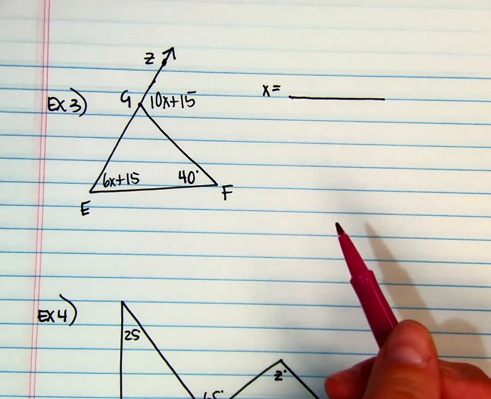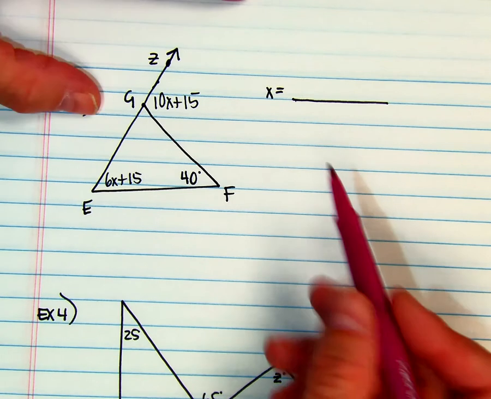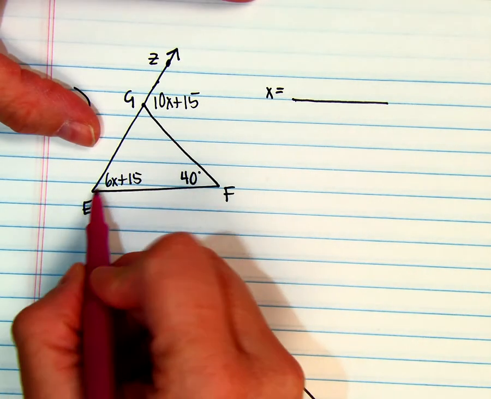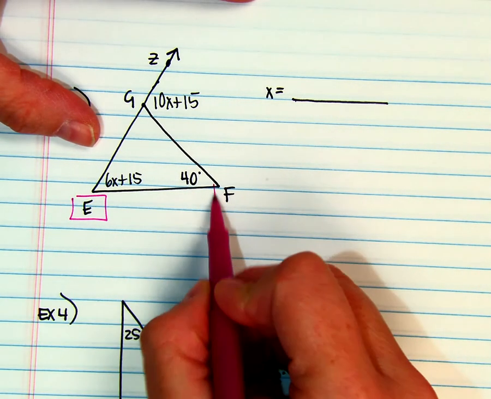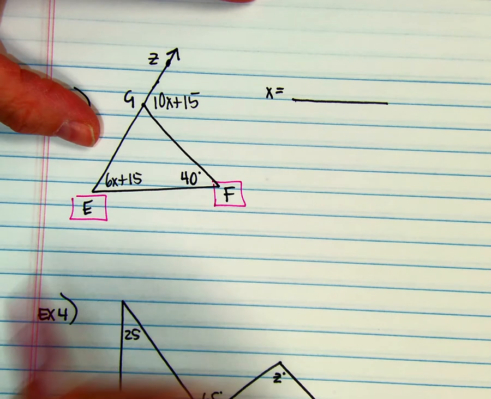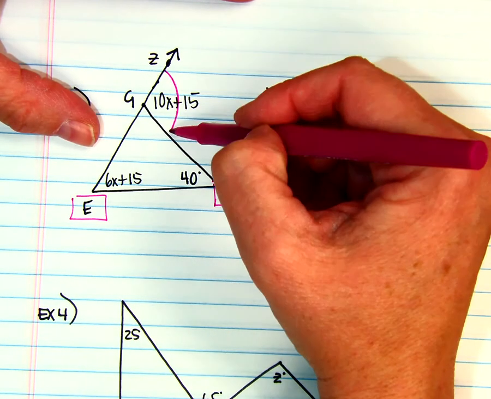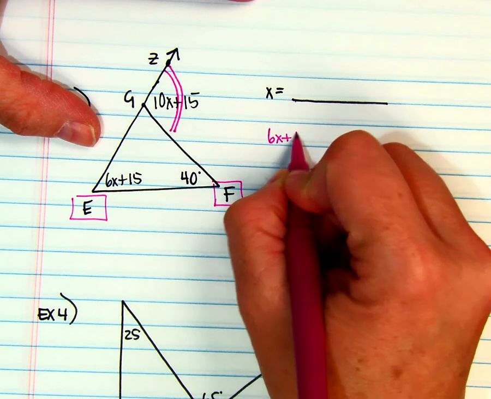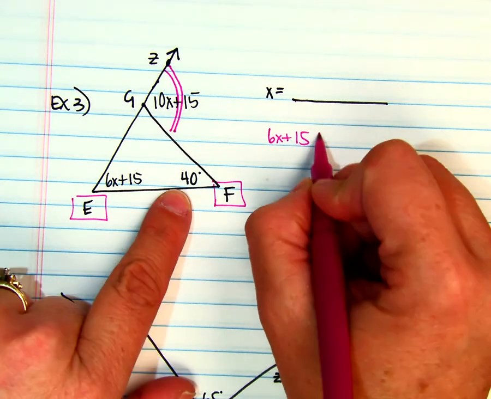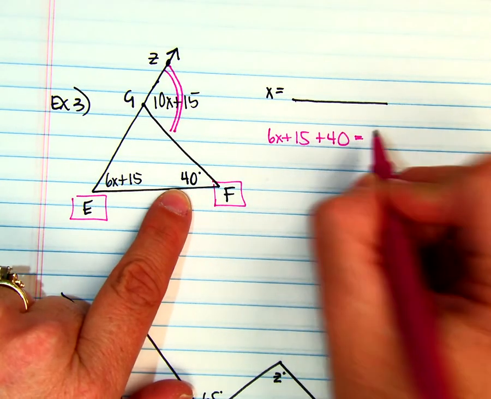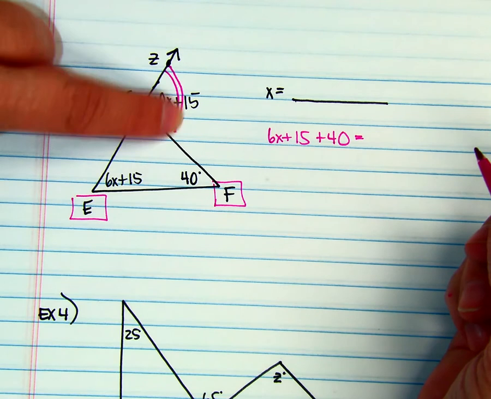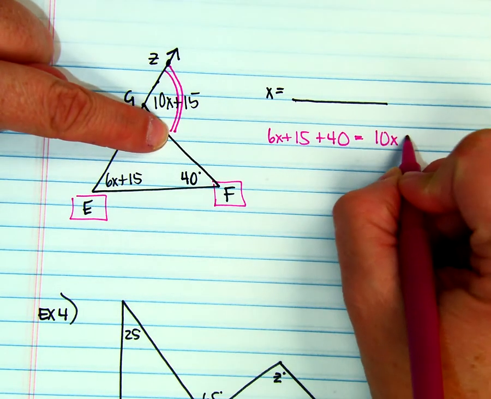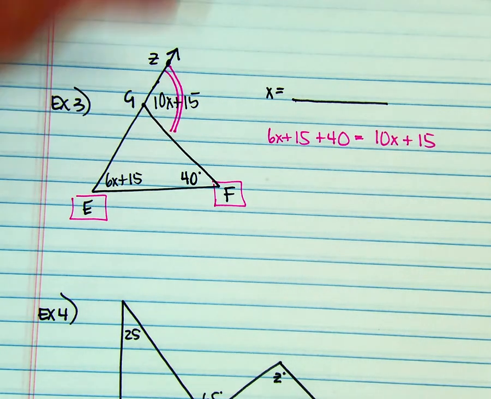So this is using the exterior angle theorem, and I know that angle E plus angle F is going to equal this exterior angle. So 6x plus 15 plus the 40 needs to equal this exterior angle of 10x plus 15.